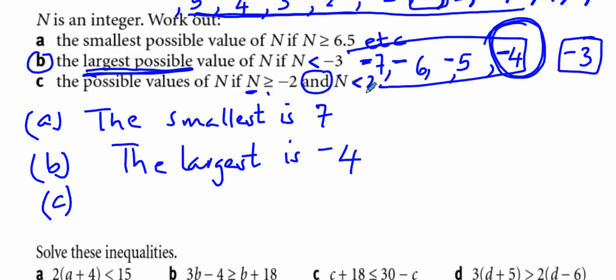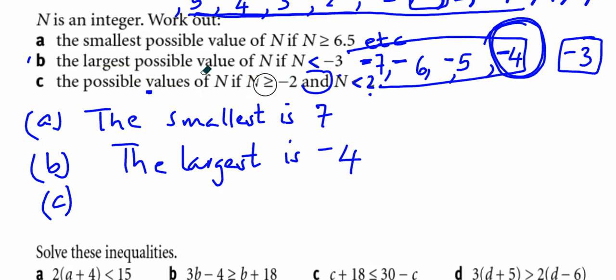These are two inequalities which are combined together. Work out the possible values of n if n should be greater than or equal to -2, and such n should be less than 2.